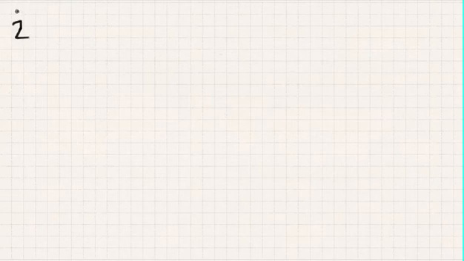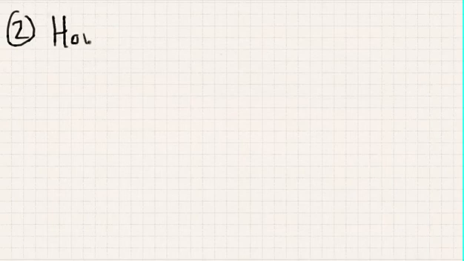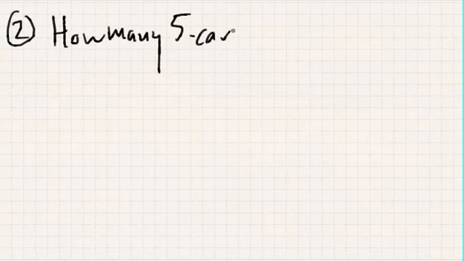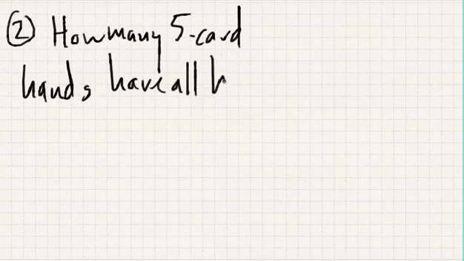Okay, another question is, in some poker games, you get 5 cards. So let's say how many 5-card hands have all hearts in them?